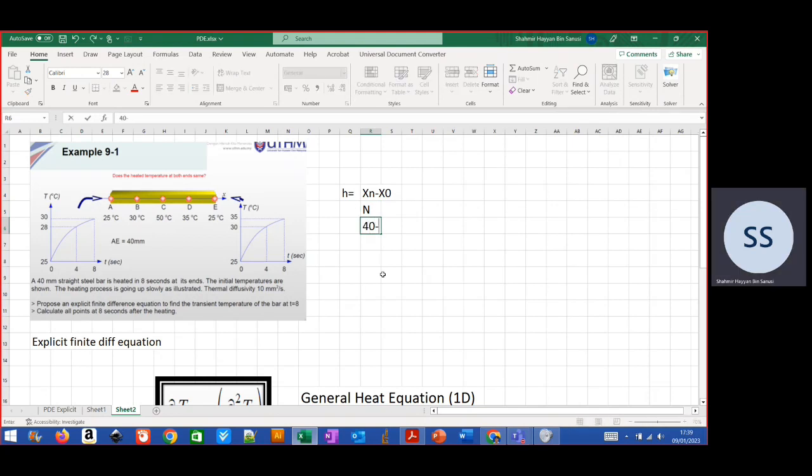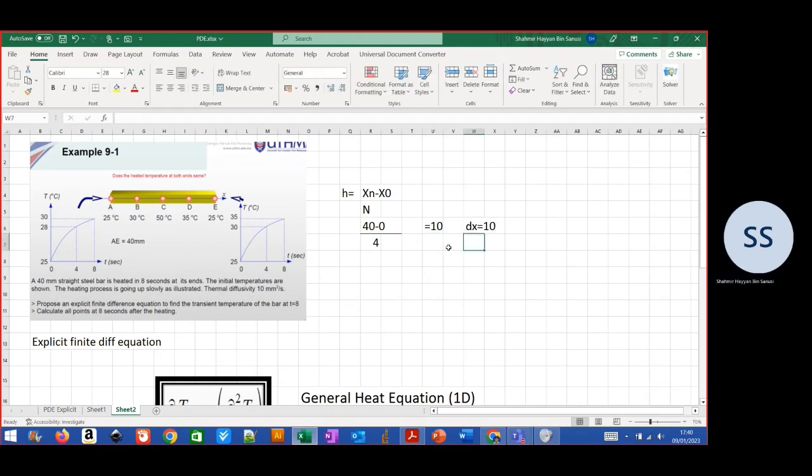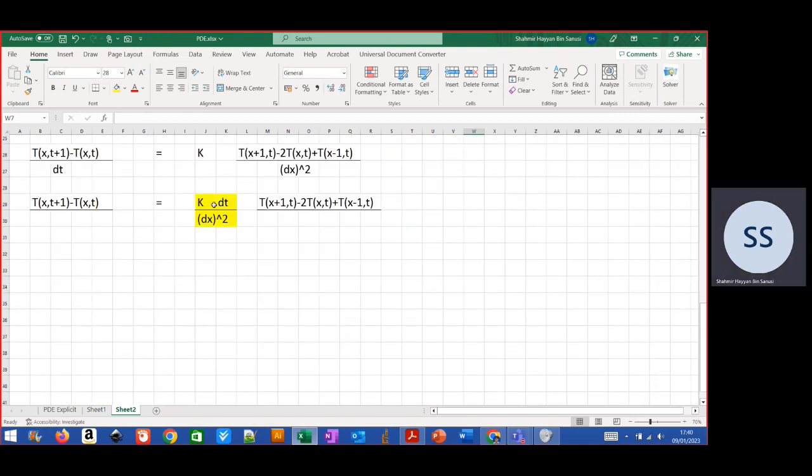So 40 minus 0 over 4 equals 10. So meaning that our delta x is equal to 10. Okay, dx is equal to 10. So replace all the values that we have known. Okay, so K is 10.